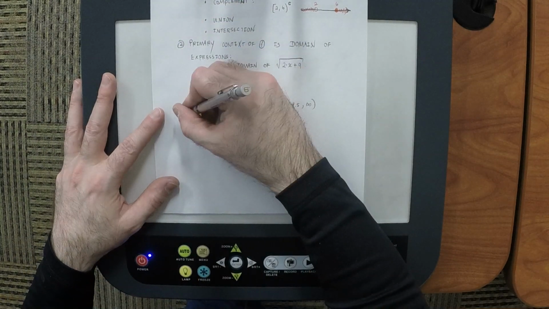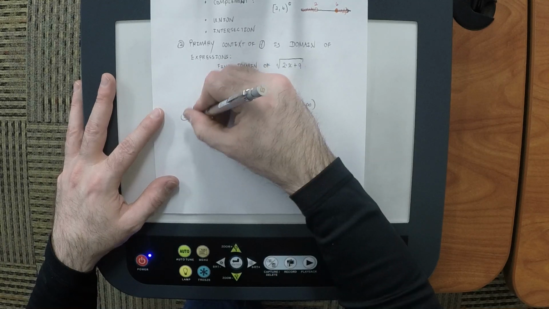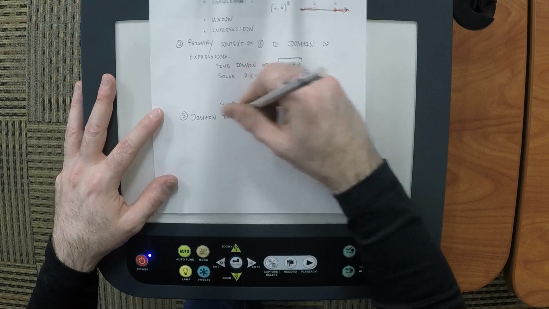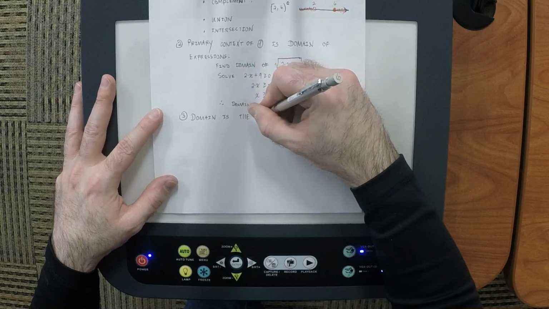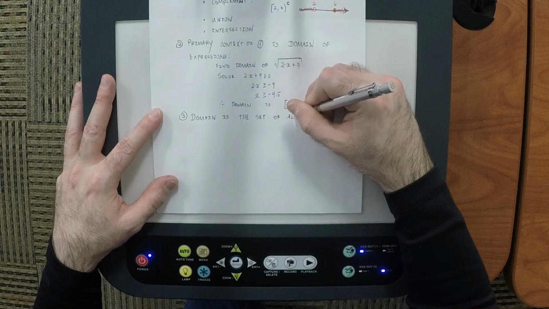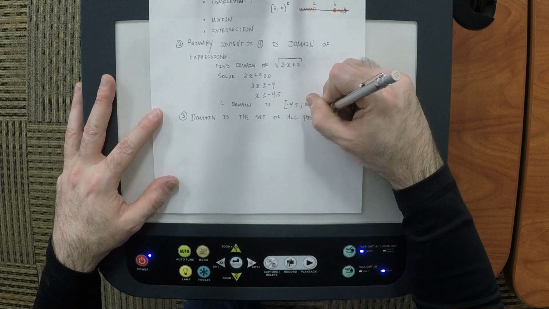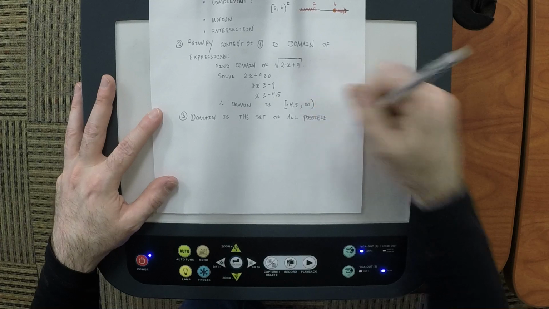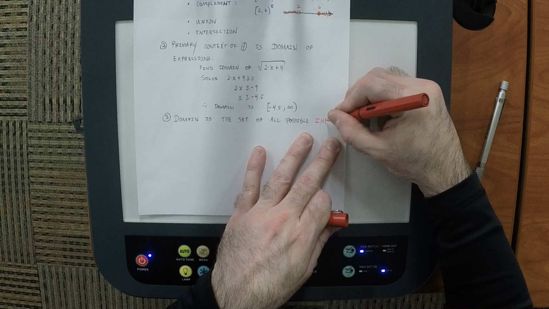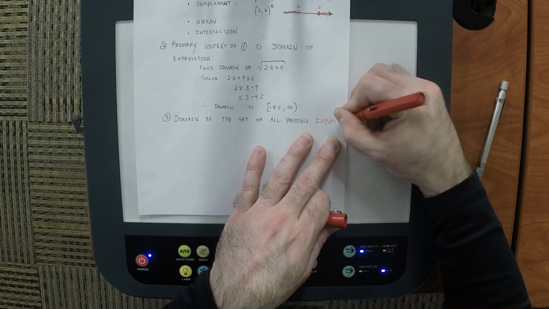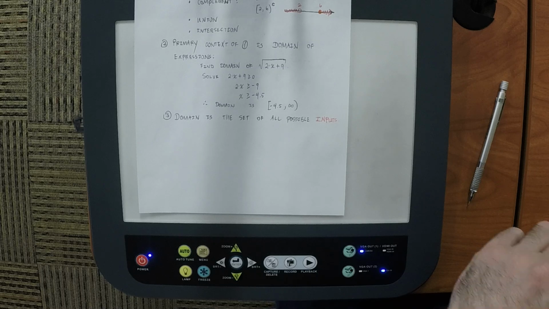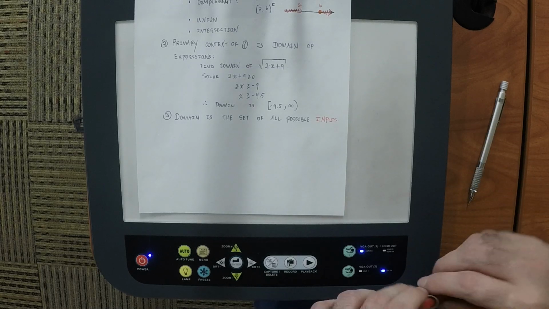Now, domain is the set of all possible inputs. So it's the inputs.